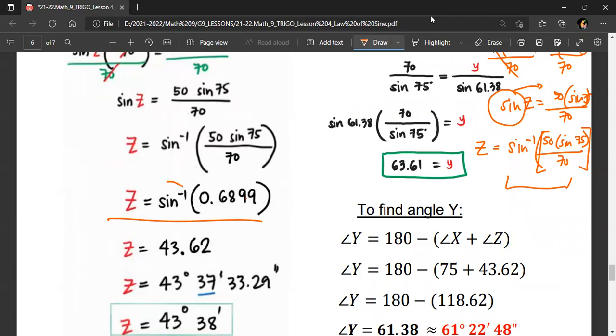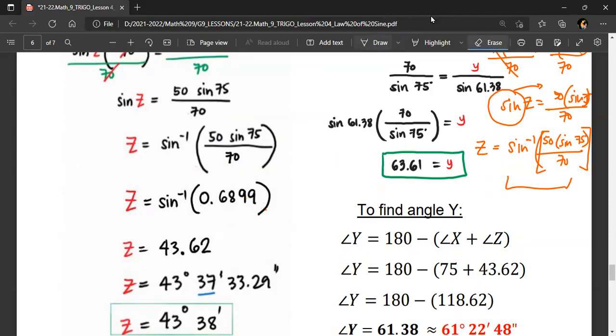Before you input the arc sine, all you have to do is to compute first the values inside the parentheses. The computed value of this ratio will now be equal to 0.6899. There are a lot of numbers over here, but I only choose up to the fourth one.